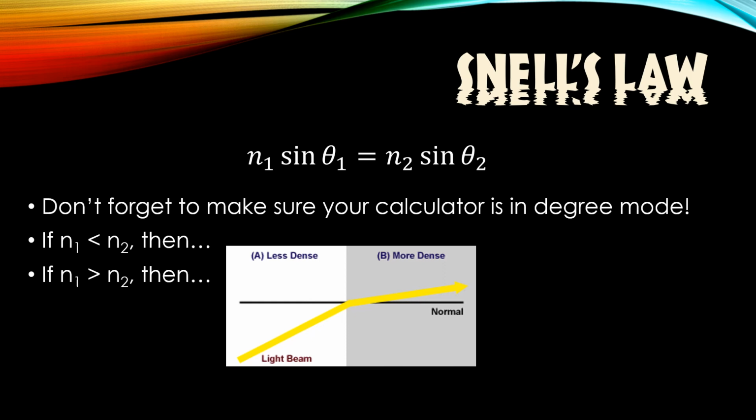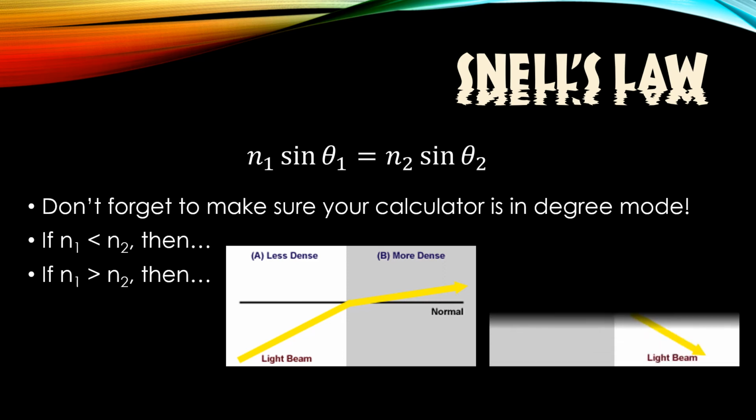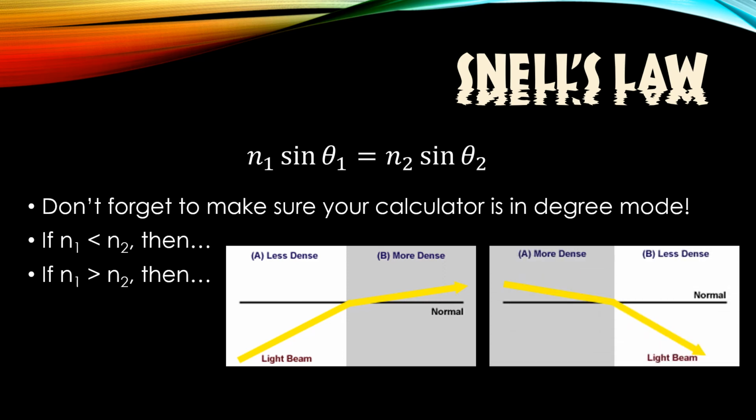If instead we're going from a medium with a higher index of refraction to one with a lower index of refraction, then our angle of incidence is less than our angle of refraction, or theta 1 is less than theta 2.